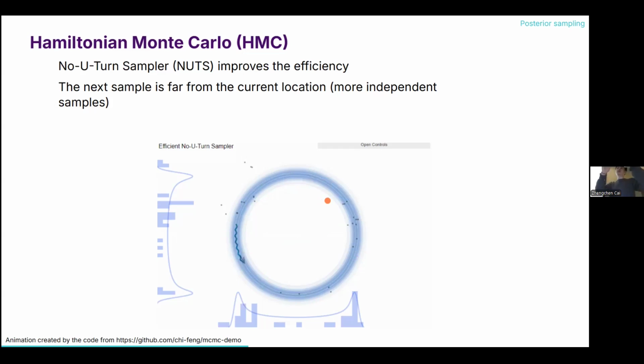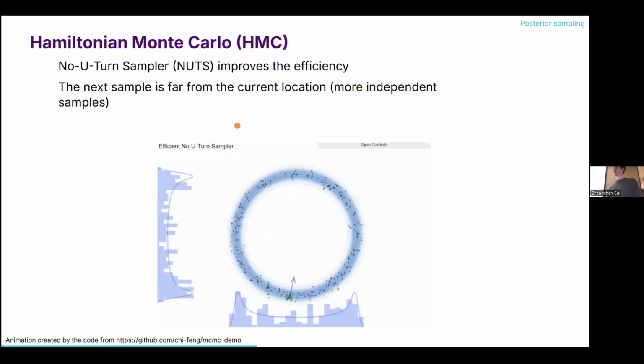And then you say, I will stop earlier, such that you will jump to a location that will not make a U-turn. For instance, in this case, you see it will explore, and there is no sample made. But once they meet, they will say, okay, I will jump to this location before these two traces meet each other, right? This will make sure your samples are far from each other and increasing the effective number of samples.